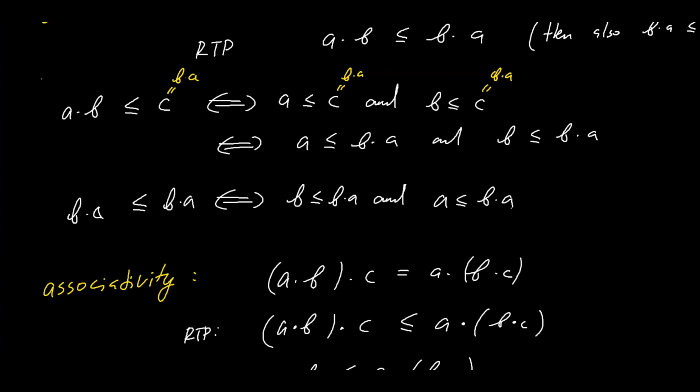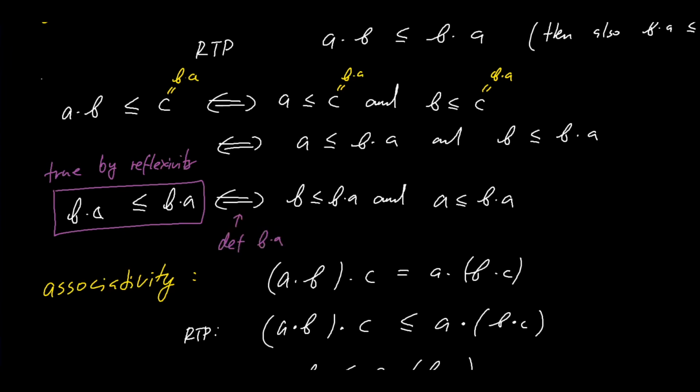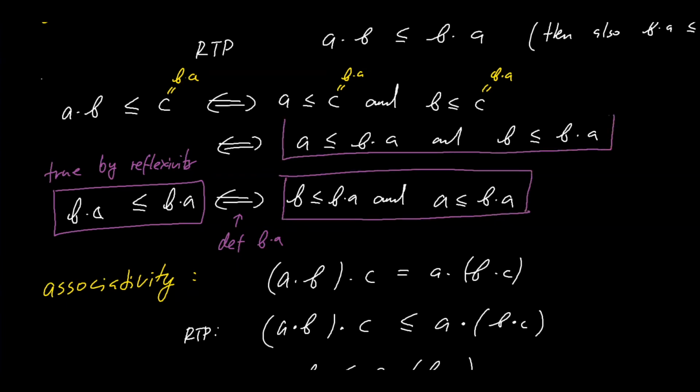And something interesting happens. You see, this part is true by reflexivity, right? This is the definition of B dot A, so that equivalence is true. But this part is equivalent to that part. It's just the same thing, but with the two terms rearranged.